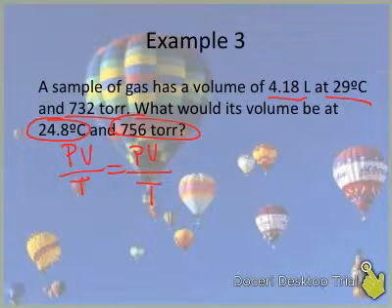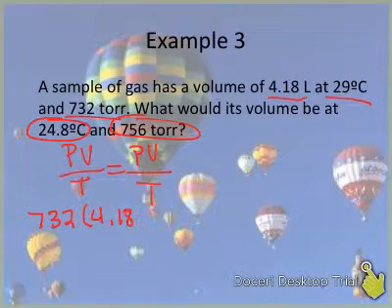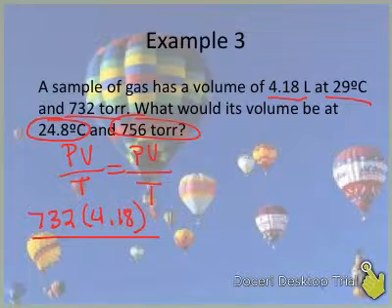So my pressure, 732. My volume, 4.18. My temperature is 29 plus 273, which is 302.